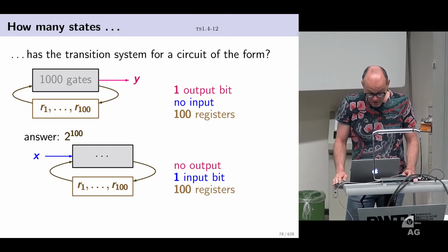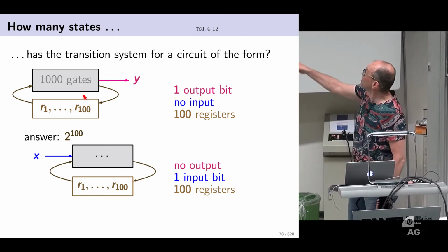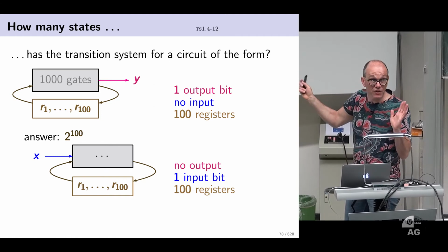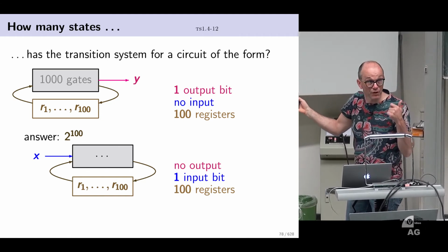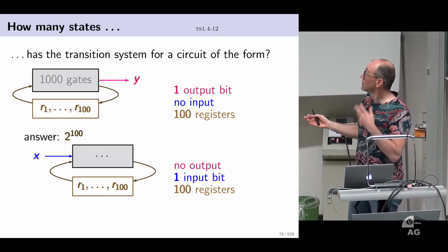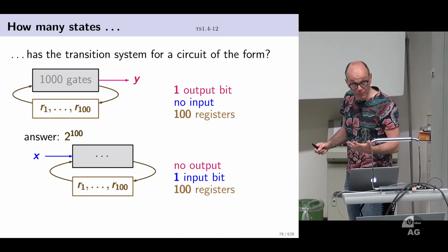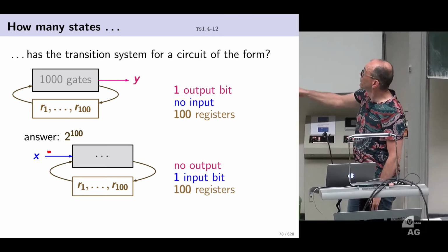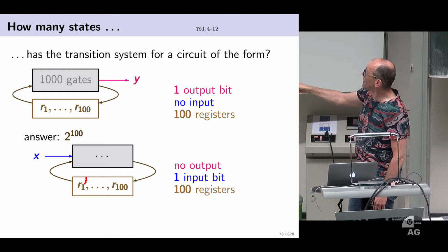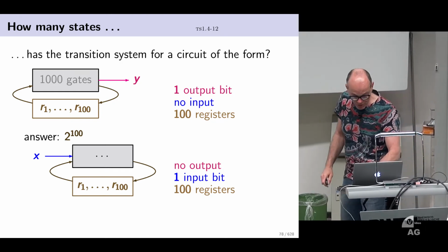What about this? So the first slide says the number of gates is not decisive. It's the number of registers which is important. The second thing is, of course, that also the number of input bits is important. So this is a very simple example, no output, only an input, and again 100 registers.